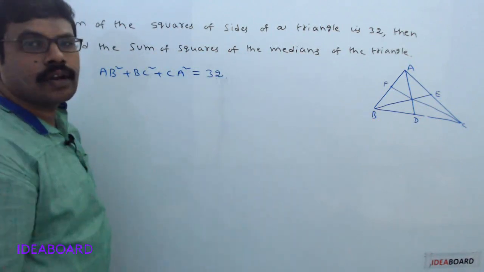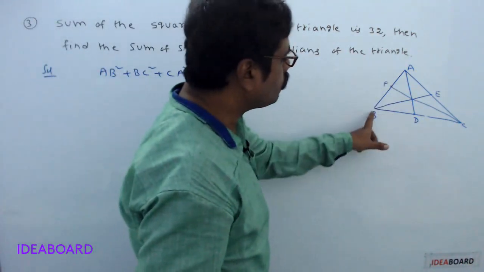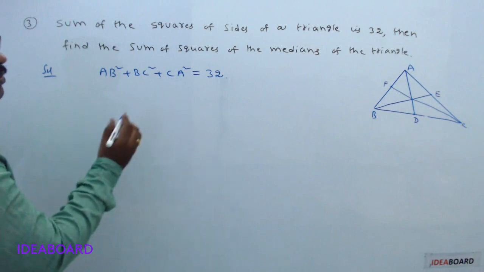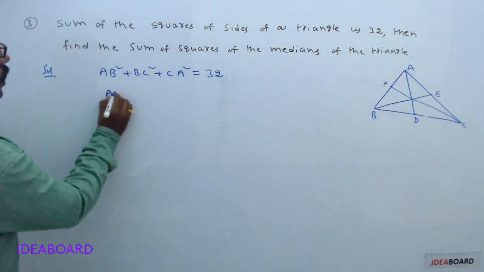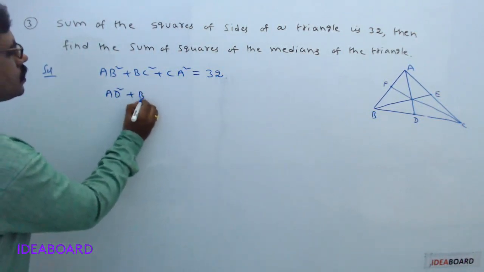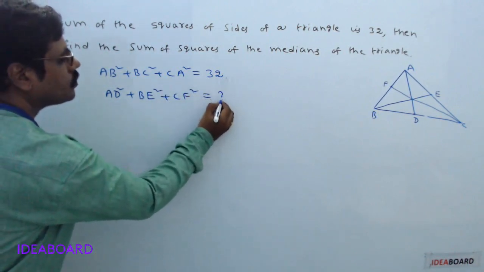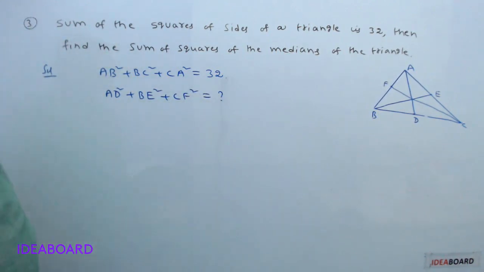What are the medians in our triangle? AD, BE and CF. So the sum of the squares of the medians means AD square plus BE square plus CF square. This value is required.